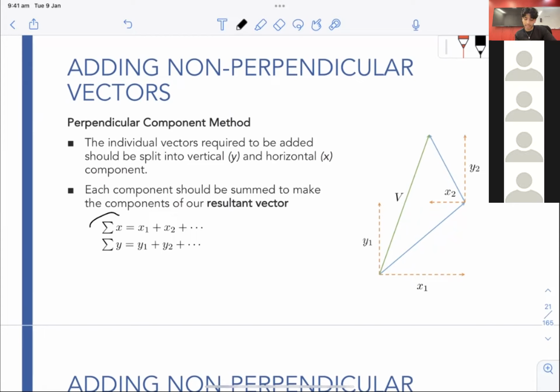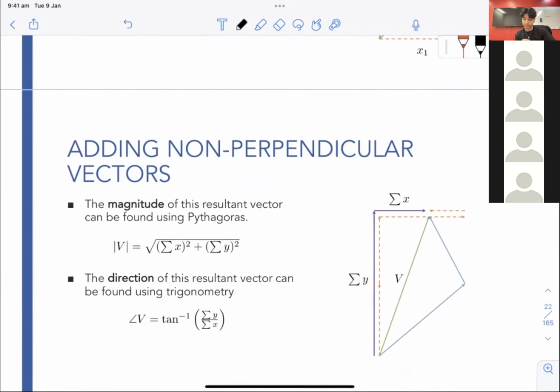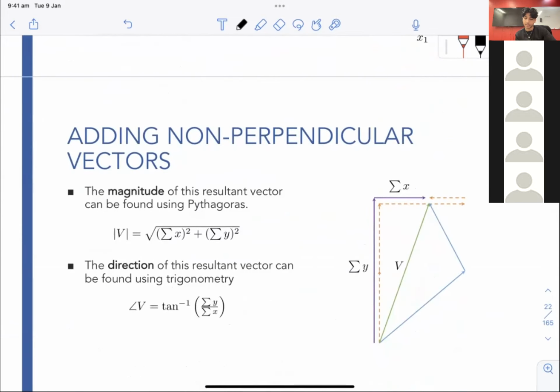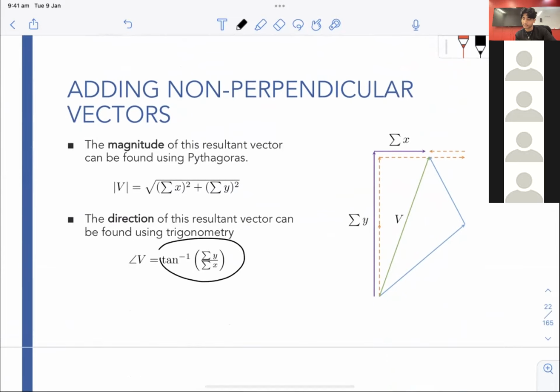So we take all the x components of the vectors and add them up. Then we take all the y components and add them up as well. By doing that, we're really adding up the whole vector. Now, the magnitude of this resultant vector is just Pythagoras, and the angle or the direction is, sorry, it's trig.